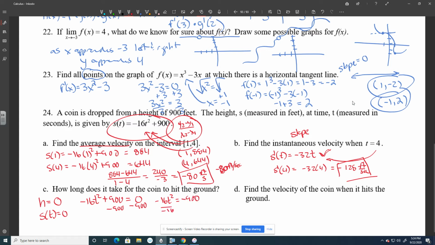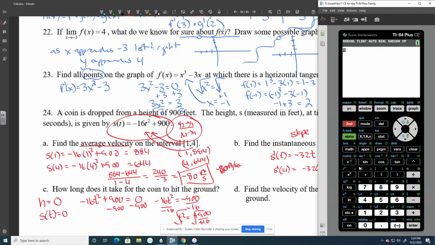Divide by negative 16. T squared equals negative 900 over negative 16. So those negatives cancel, and I take the square root. Oops, I forgot a 0 there. I don't know what that is in my head. So let's do square root of 900 divided by 16.